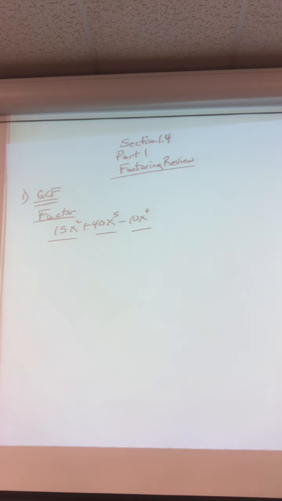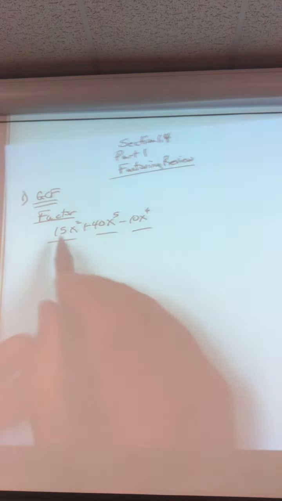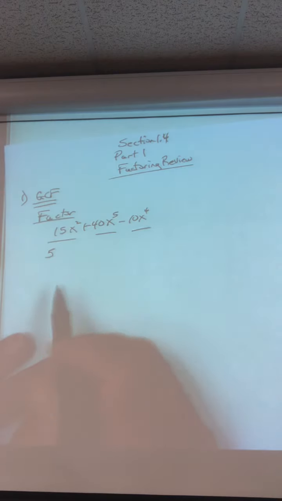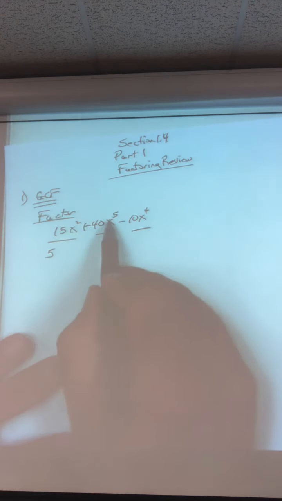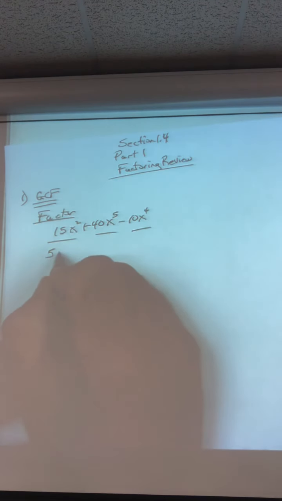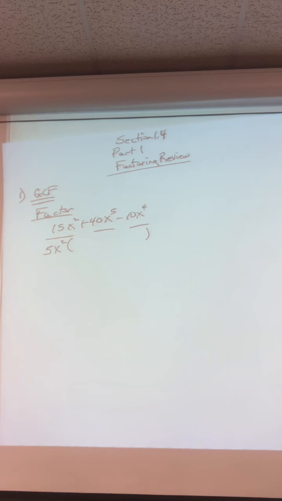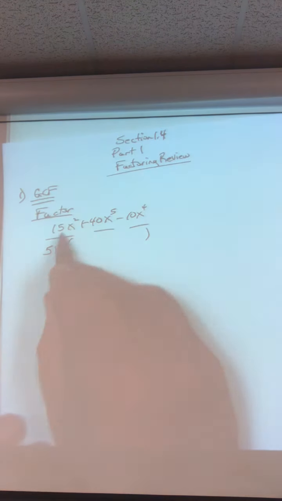If you look at these 3 terms, you can clearly see that 5 divides evenly into all 3 of those numbers. But you've got an x squared, an x to the 5th, and an x to the 4th. So you can divide out an x squared into all 3 of those. If you remember, it's just simply the lowest power of those, but it has to be present in all 3 of the terms.